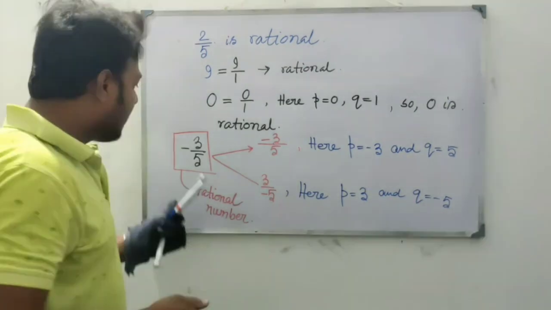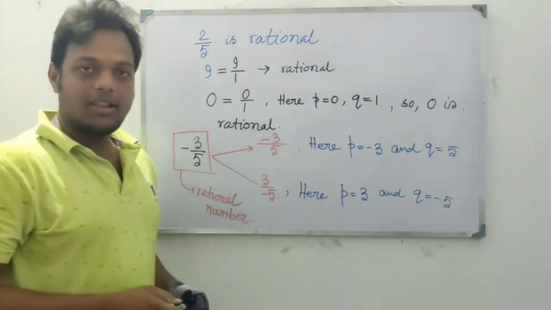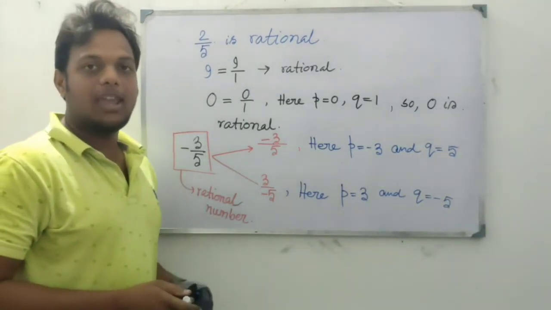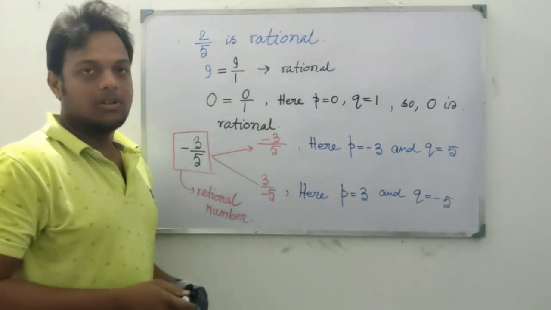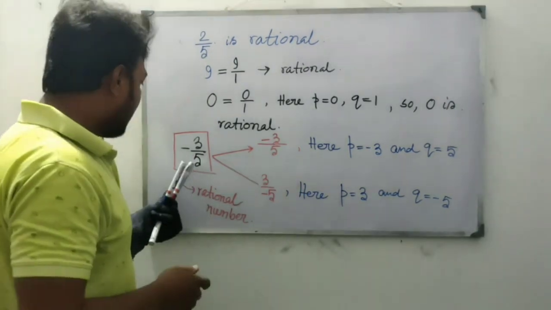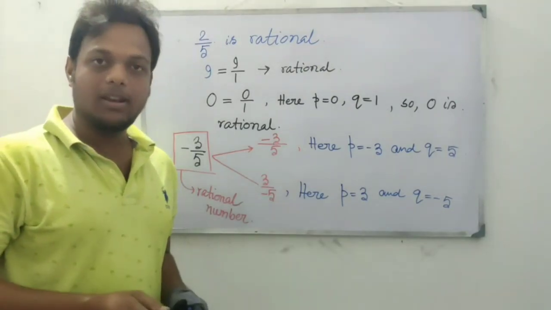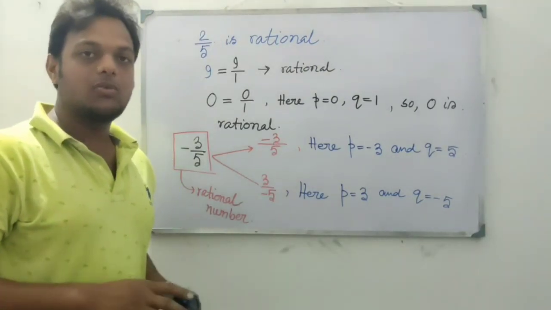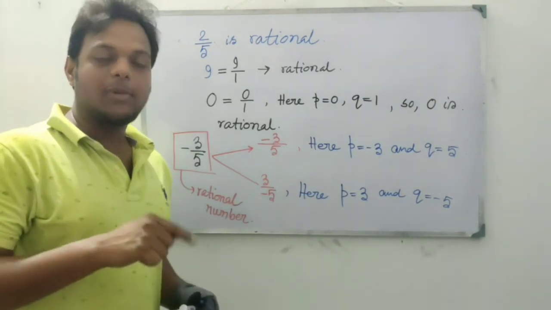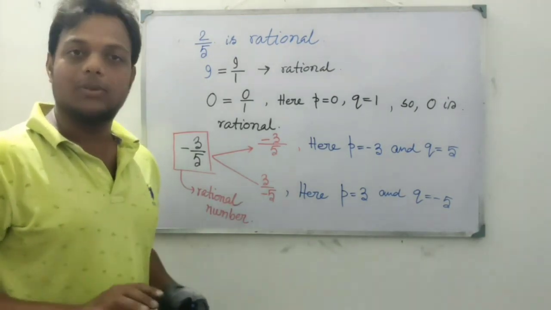If minus 3 by 5 is a rational number, then it can be expressed into the form p by q. Next my question is find p and q.